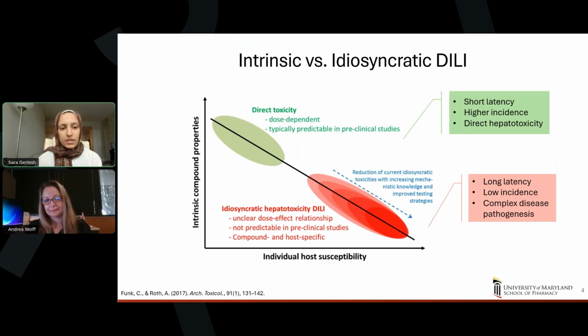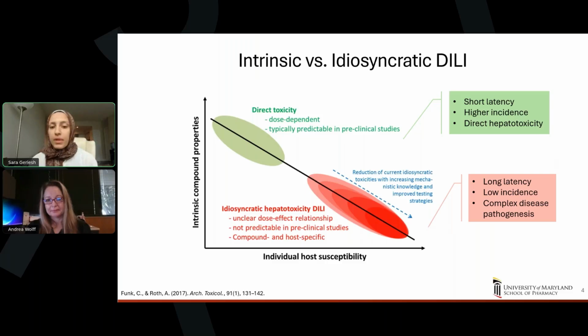On the opposite side is idiosyncratic DILI, which is dose independent and also drug independent, but depends more on host factors. It depends more on patient susceptibility, so it could happen in some patients and not in others.